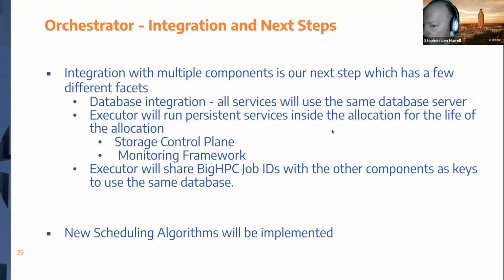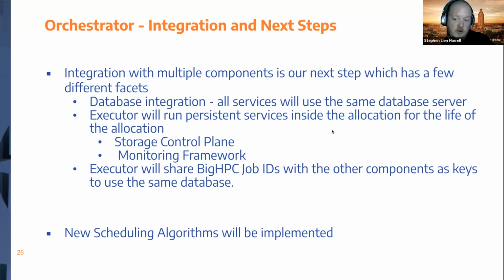Design-wise, as soon as the allocation begins, the executor will run a few persistent services, things that are not job specific, such as monitoring or the data control plane. Those need to be persistent for the life of the allocation, so we'll be executing those. And for all of the components to work together correctly with the shared database, we'll have the BigHPC job IDs there.